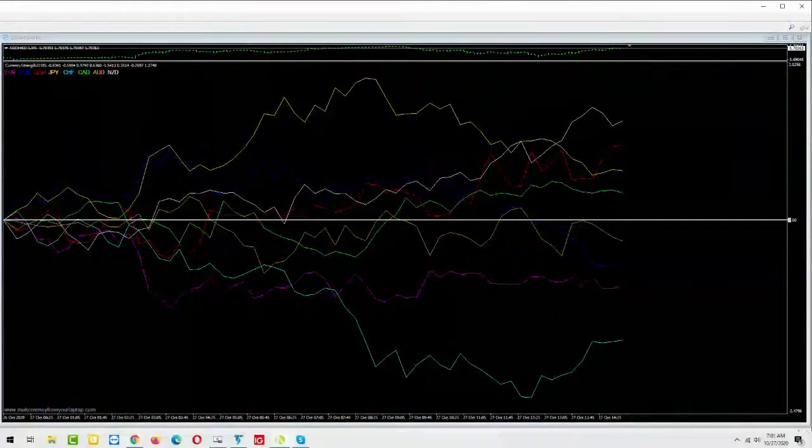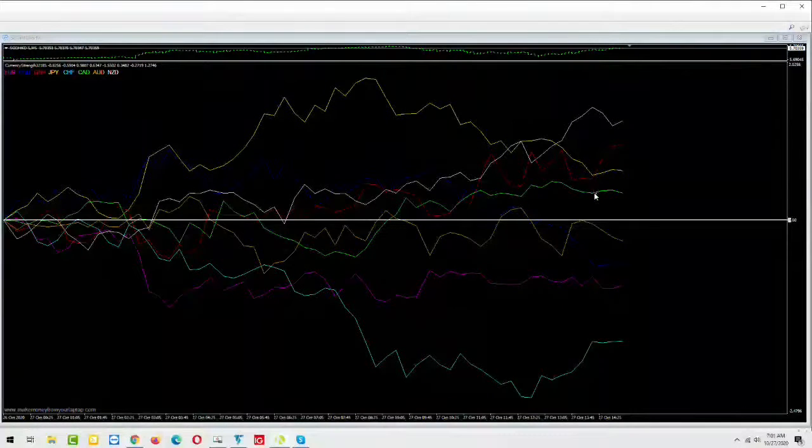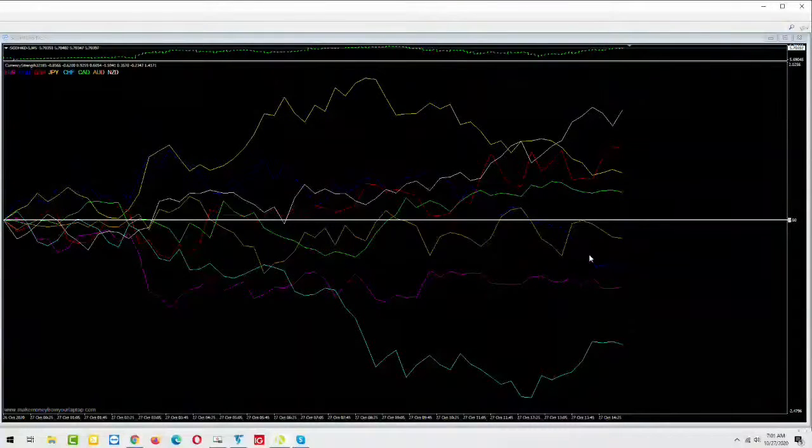So the CAD versus the USD, or USD/CAD is the actual pairing. But the CAD is the stronger currency. USD certainly is a weaker currency here. The other that's typically fairly volatile, actually, we've got some divergence between the pound and the USD as well. So the pound being a stronger currency, the USD being a weaker currency as well.